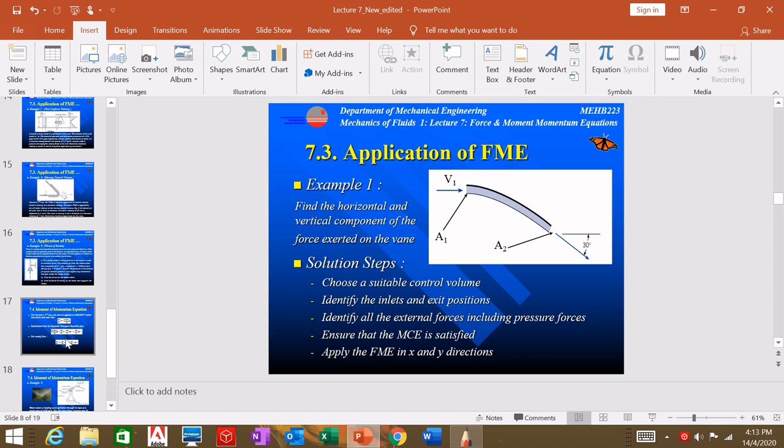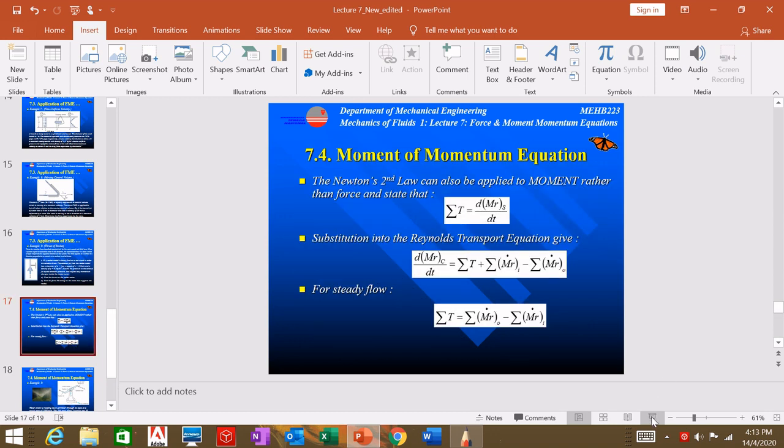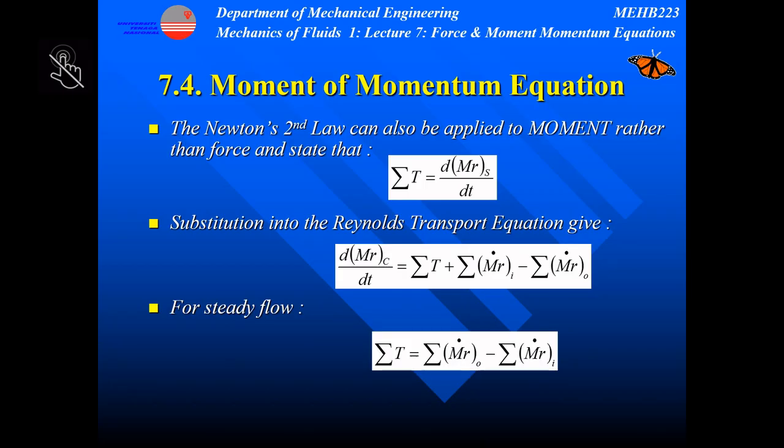Before I stop, I will just explain the moment of momentum equation. By using the previous momentum equation, you can also use it to find the moment. This is normally for force in all directions, something that is rotating, like a water sprinkler, for example.